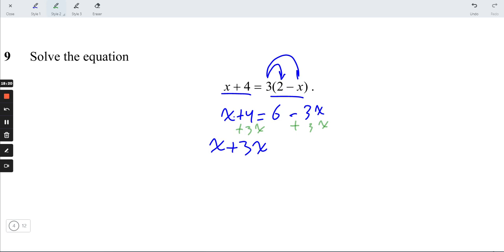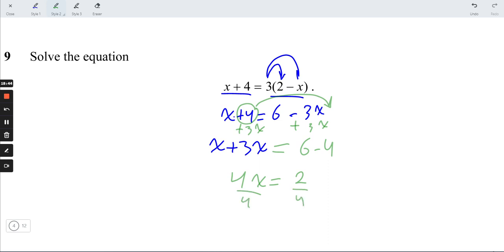You will get x plus 3x plus 4. This plus 4 you can do the same: move it to here, changing the sign, equals 6 minus 4. So 3x plus x is 4x. So we have here 4x equals 6 minus 4, which is 2.